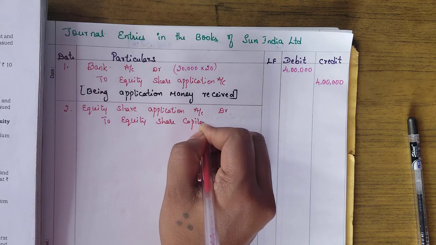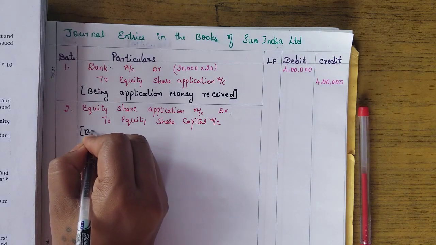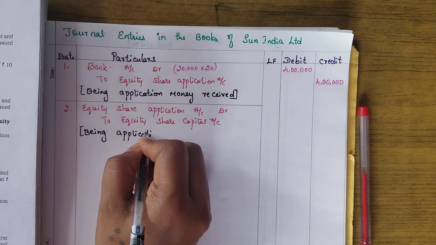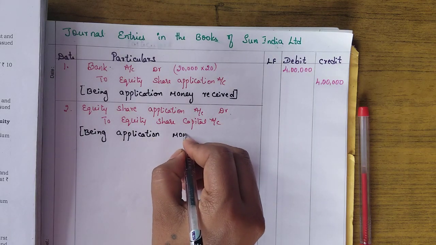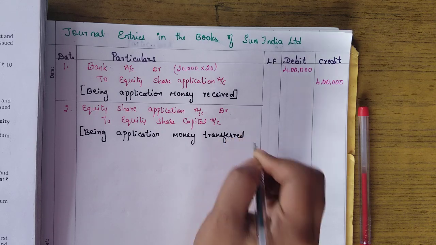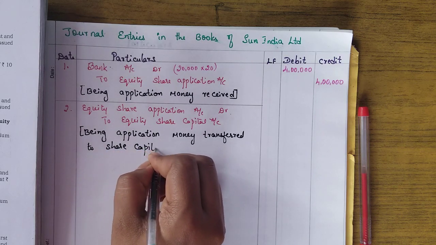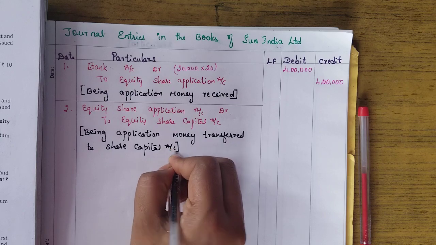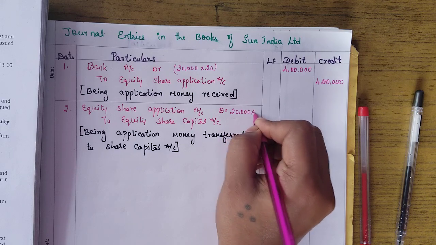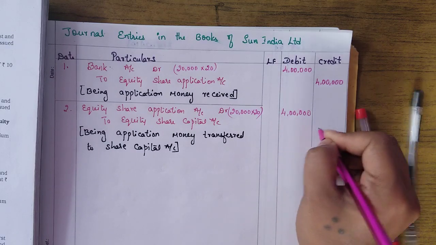The narration for this being: application money transferred to share capital account. So what is the amount? It will be the same, 20,000 shares into 20 rupees. So they will be transferring 4 lakhs.